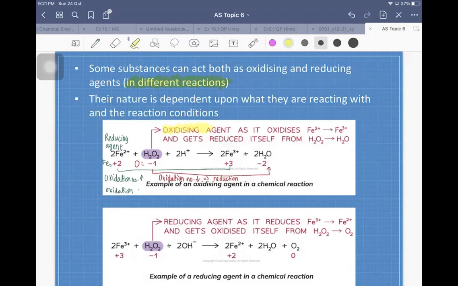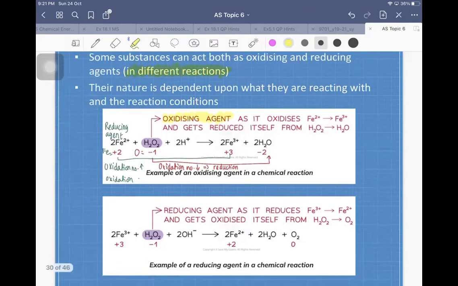When it reacts in a different reaction with a different species, this time I'm using Fe3+. So Fe3+, my H2O2 plus some hydroxide. So this has to be in an alkaline condition. Now my product of H2O2 is no longer H2O.